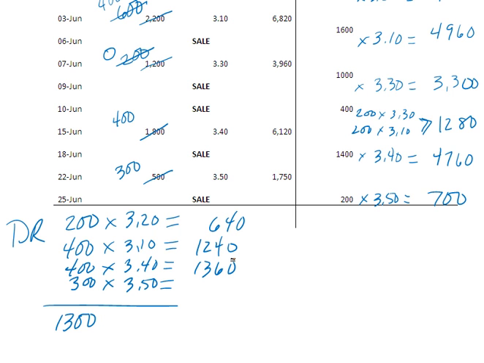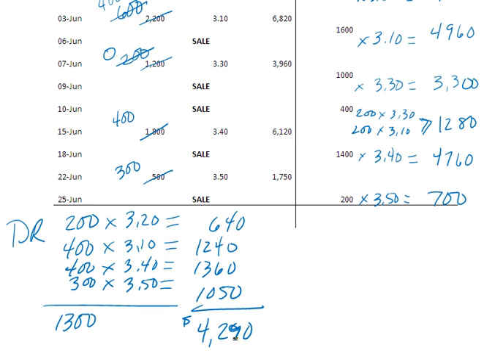And 300 times 350 is 1,050. All right, so let's add those up. Hope I did that right. I came up with $4,290 as the value of my ending inventory.